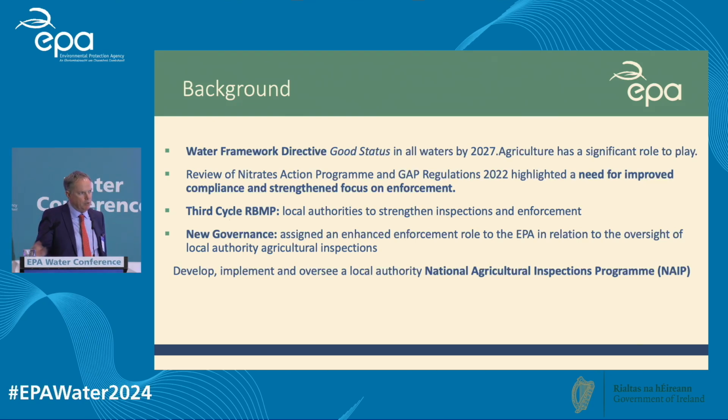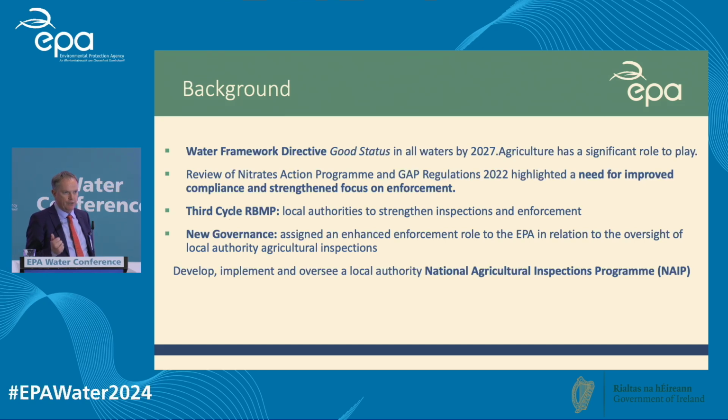It highlighted a need for improved compliance and a strengthened focus on enforcement of the GAP regulations. The GAP regulations, by the full title, are the Good Agricultural Practice for Protection of Waters Regulations. So it's important, that emphasis, the call for greater compliance and a strengthened need for enforcement.